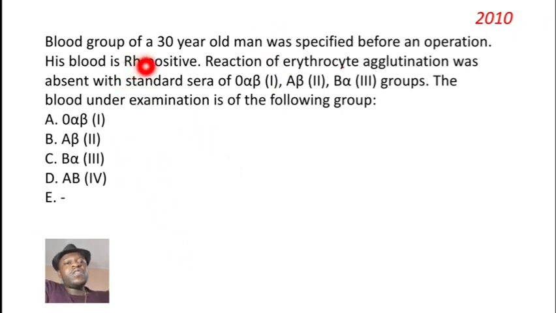The blood group of a 30-year-old man was specified before an operation. His blood is rhesus positive.